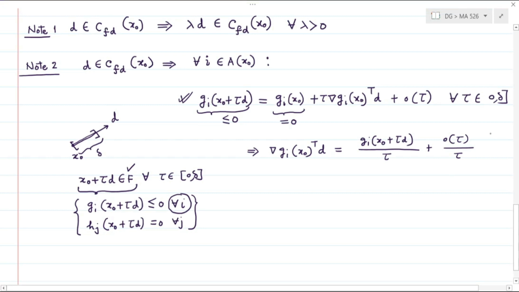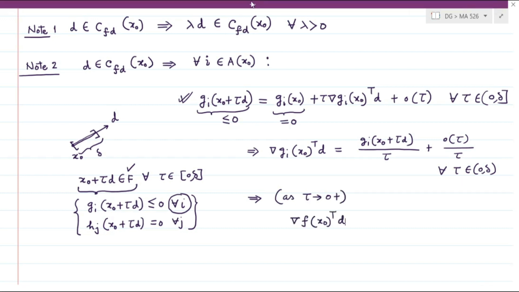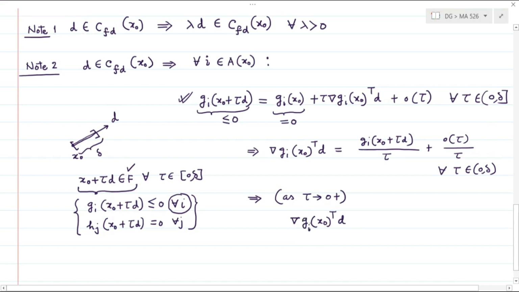Because if you have τ precisely equal to 0, then both the sides are nothing but g(x0) equals g(x0). Now passing the limit as τ tends to 0 from the right, in the left hand side we have this expression.